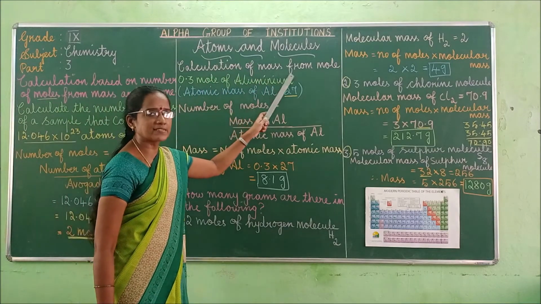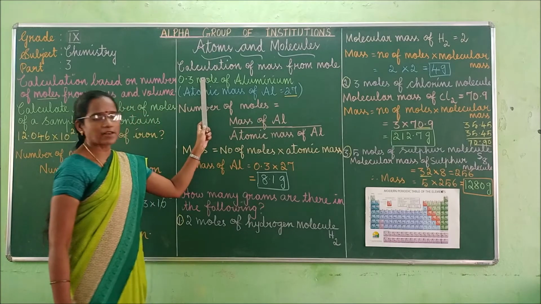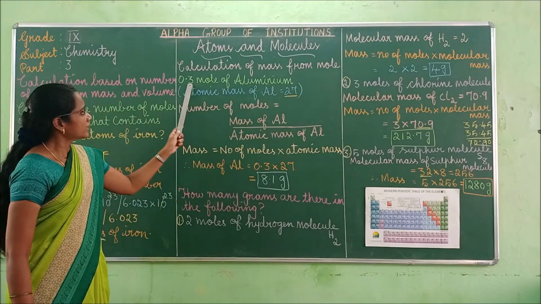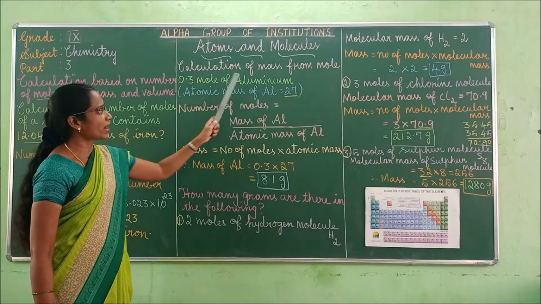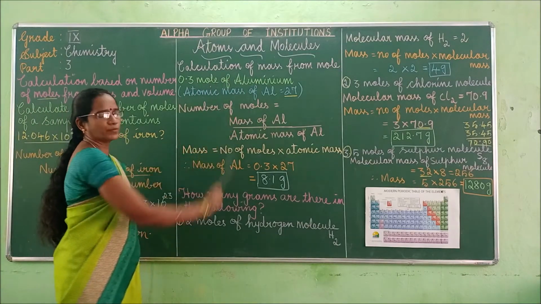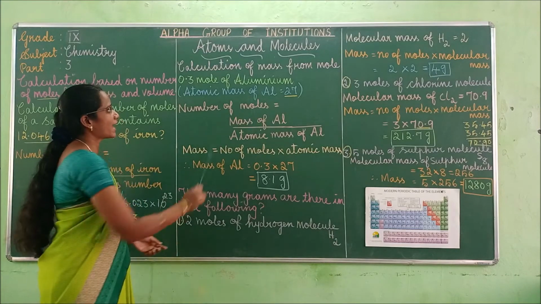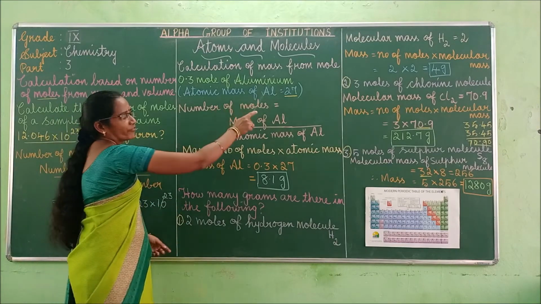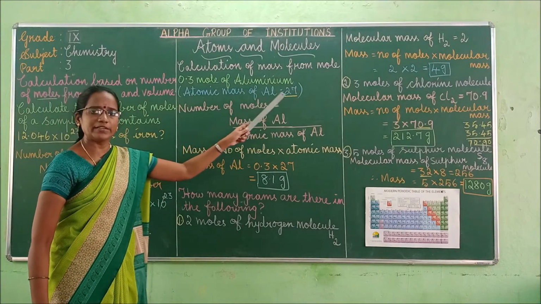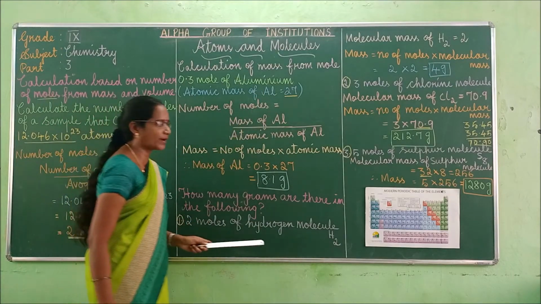Calculation of mass from mole. That is, 0.3 mole of aluminium is given. We have to calculate the mass from this mole. Atomic mass of aluminium is already given in the question, 27.